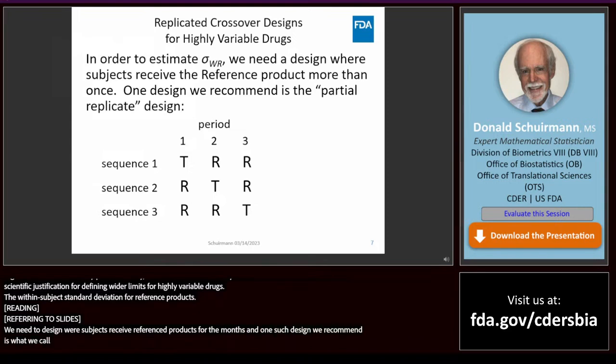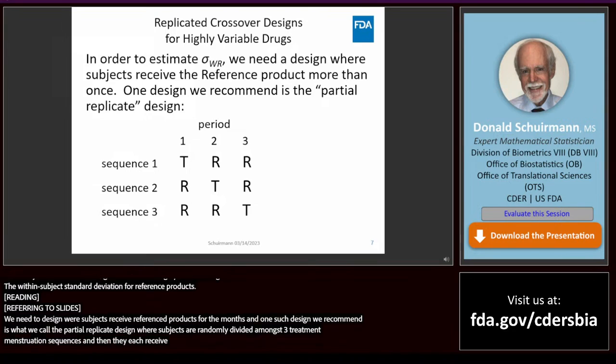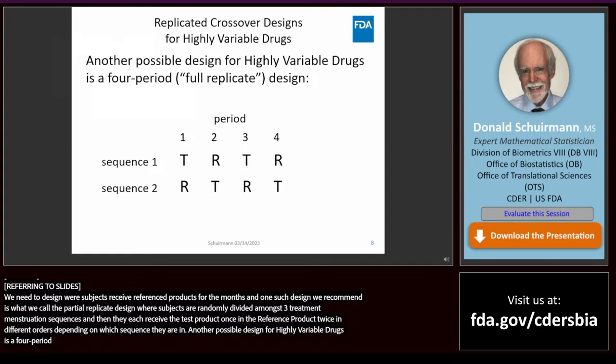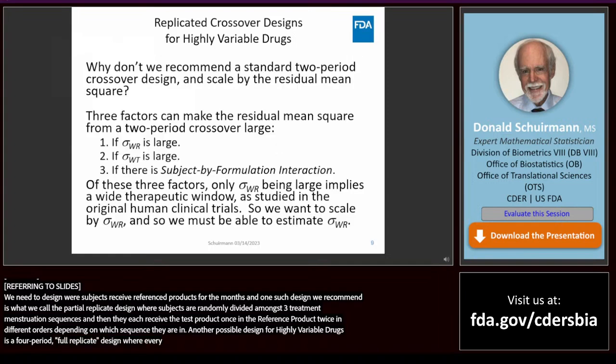Subjects are randomly divided amongst 3 treatment administration sequences, and then they each receive the test product once and the reference product twice, in different orders depending on which sequence they're in. Another possible design for highly variable drugs is a 4-period, what we call full replicate design, where every subject receives the test product twice and the reference product twice.